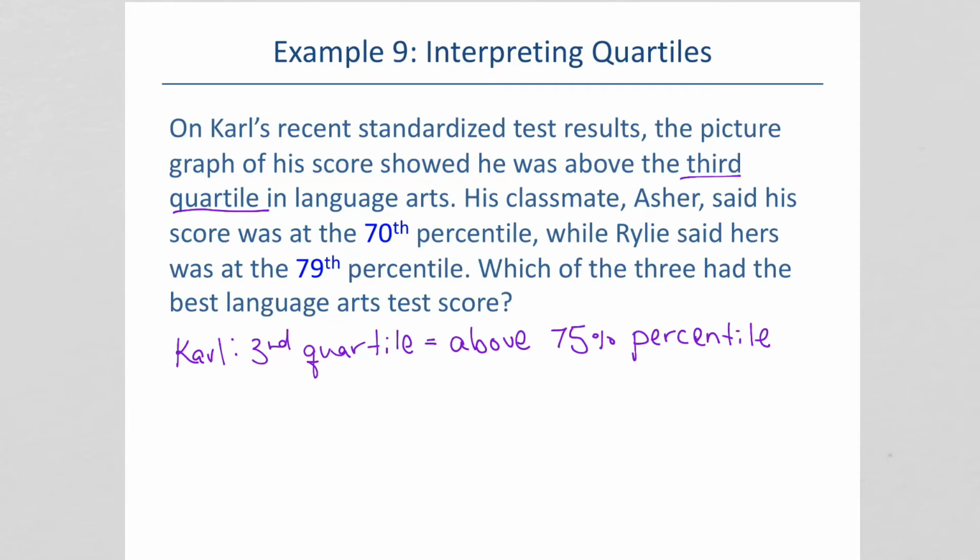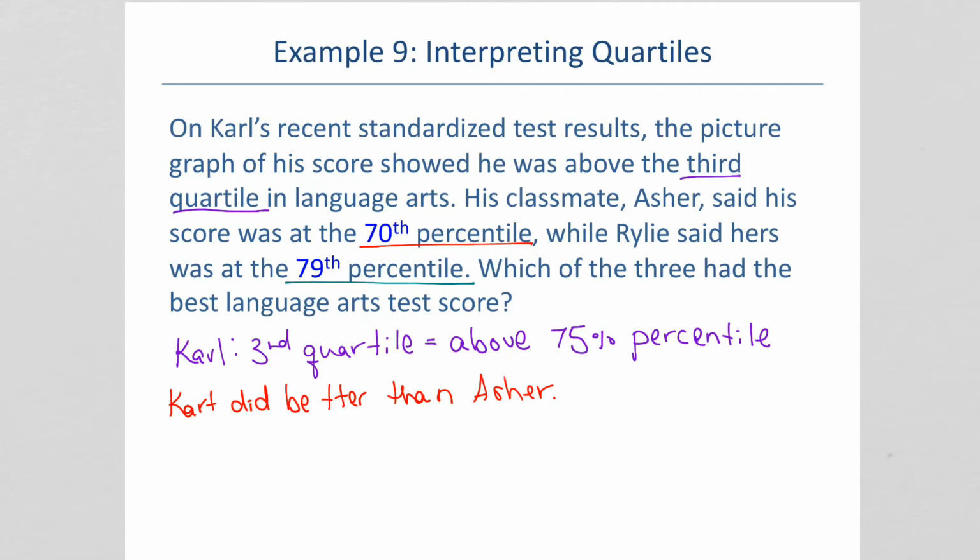So we can see pretty easily that Carl scored better than Asher, because Asher's was at the 70th. But Carl and Riley are both greater than the 75th percentile. We don't know exactly where Carl scored, if he was in the 80th, but we knew it was higher than 75, but we don't know exactly.